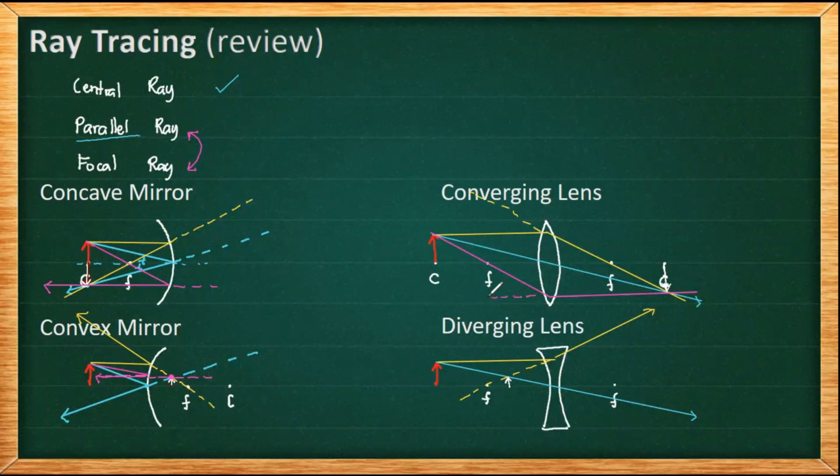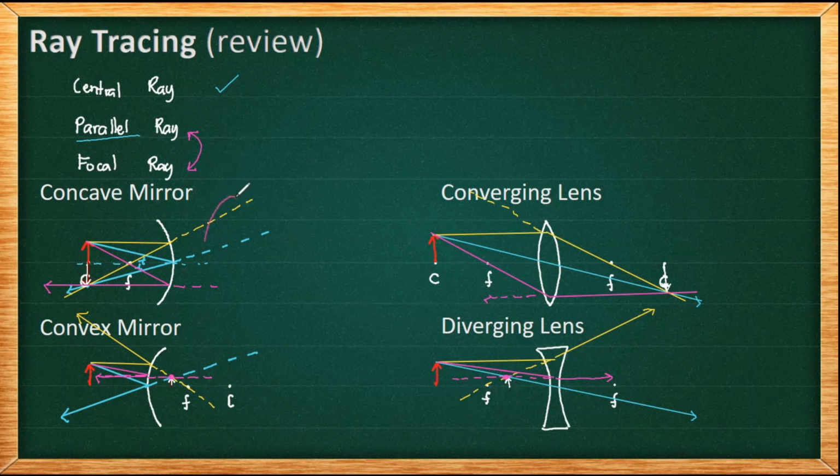It would seem to come from this direction. And for the diverging lens, you just try to hit the focal point, and then again, you'll not be able to do that. It will come out parallel as if coming from this direction. So the intersection again will tell you the head of the image.